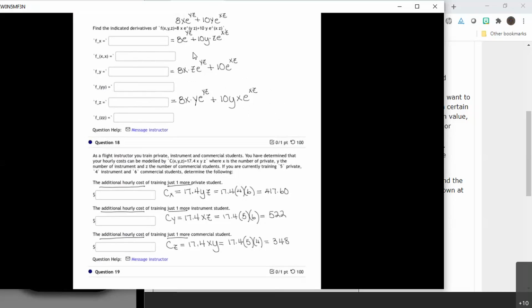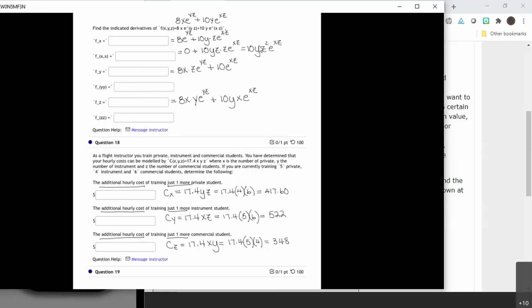Second derivative with respect to x here is easy. The first term doesn't give me anything. The second term is going to accumulate another z here, so this will be z squared. So this will be 0 from the first term, 10yz times z e to the xz, which is 10yz squared e to the xz.